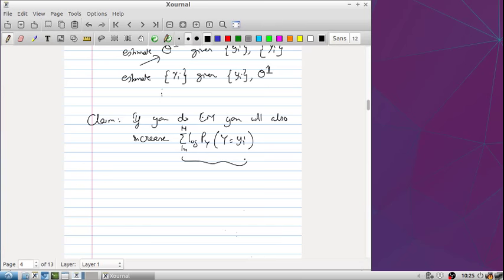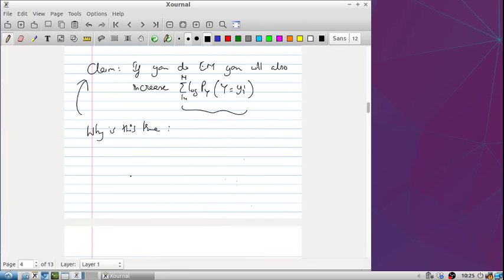Intuitively, there's a claim, and let's see why the claim is true. If you don't understand my handwriting, definitely ask.